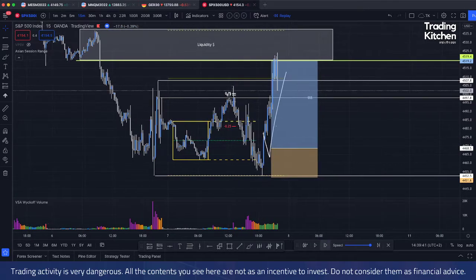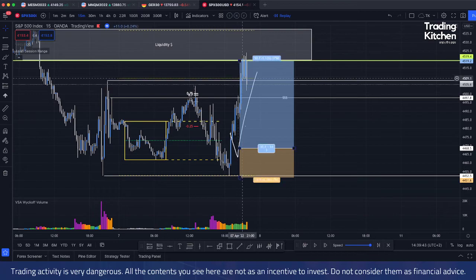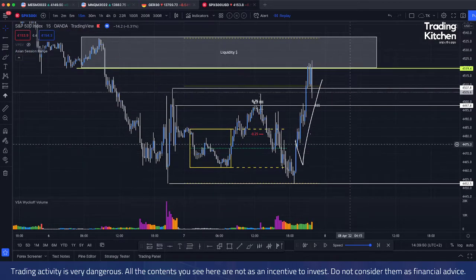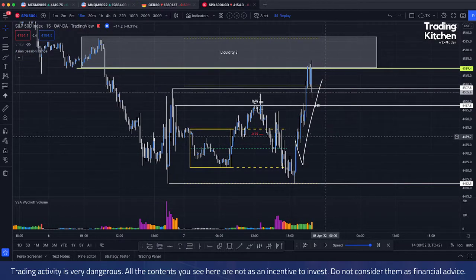And as you can see, price didn't hit our entry. I don't care. There are so many trades with this strategy. You can easily make one trade per asset.